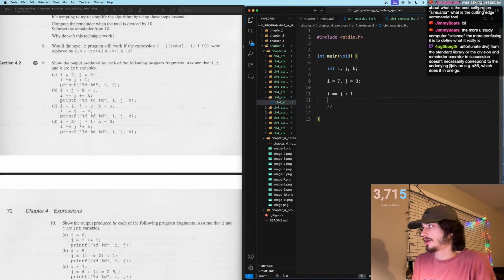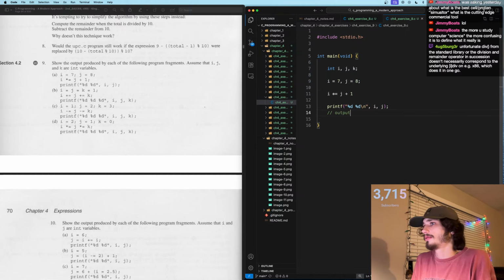So let's go ahead and call that printf for the two integer values, i, j, and then we'll also do a \n here.